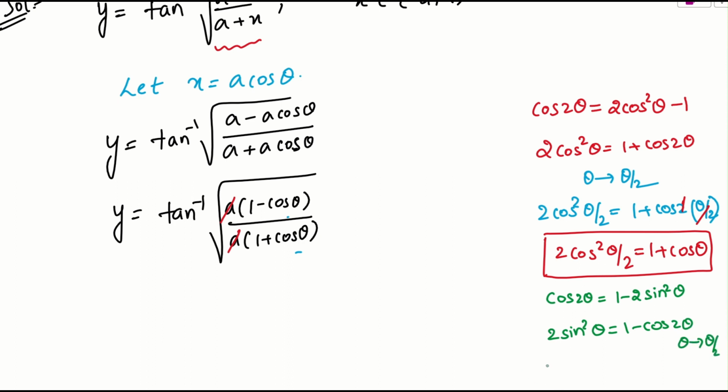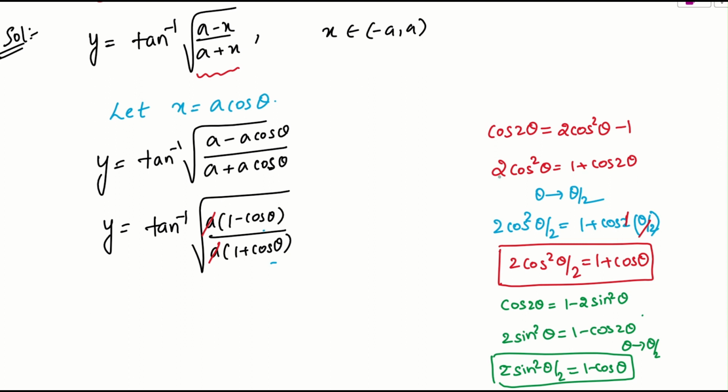So 2 into sine square theta by 2 must equal 1 minus cos theta. So try to take these two as formulas. In multiple angles we will be getting the same. Is it okay? Let us continue.